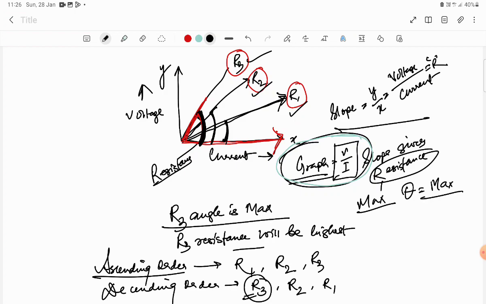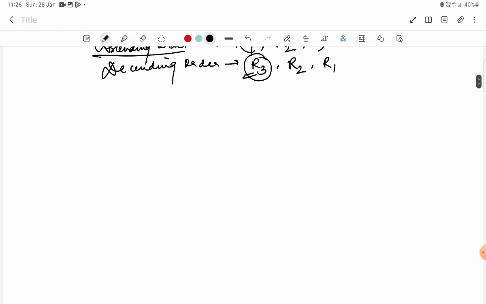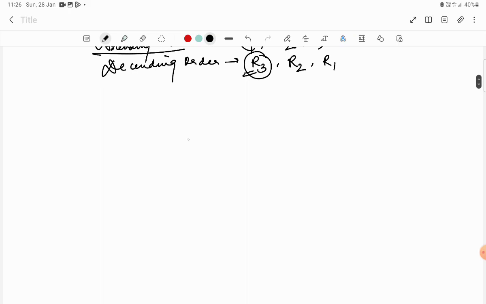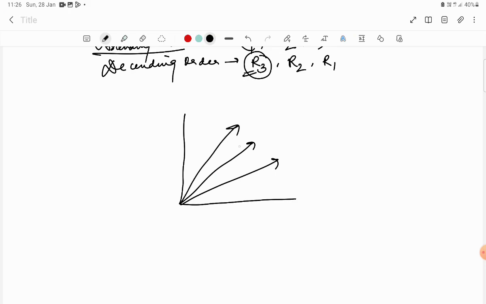Now if I tell you that the graph is ulta, or the opposite, suppose here you have three resistances again, R1, R2, R3, and this is the x-axis, this is the y-axis, and you have voltage here, and you have current here.